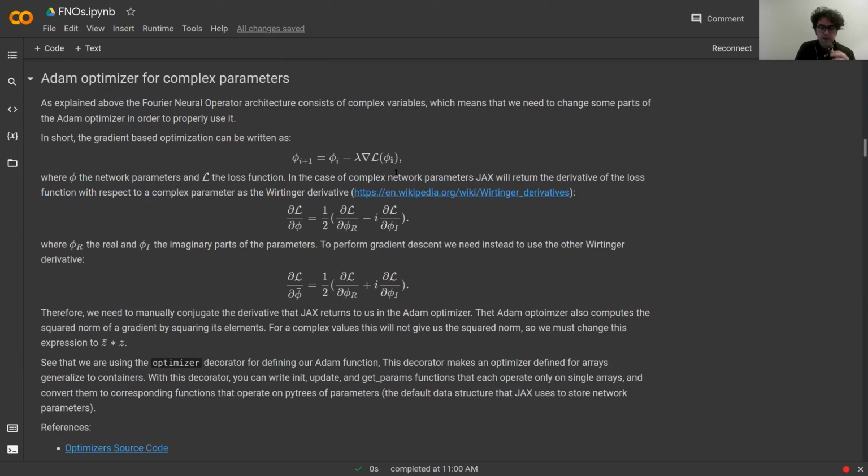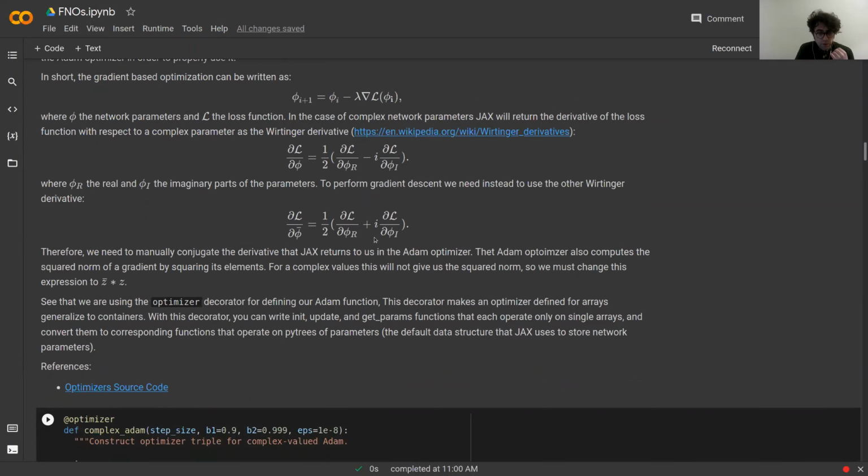In the case of JAX, when you take the derivatives of the loss function with respect to these complex parameters, you get this derivative with a minus here. We don't want this minus, because it will probably not work as it was supposed to. So what we need to do is take the conjugate of that, so it is the plus.